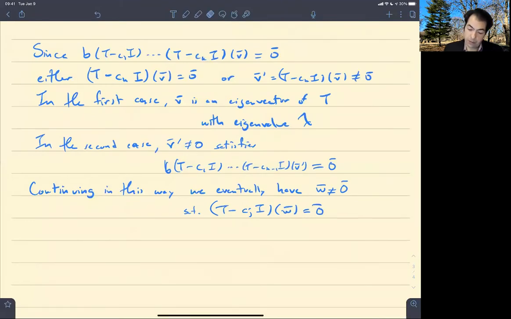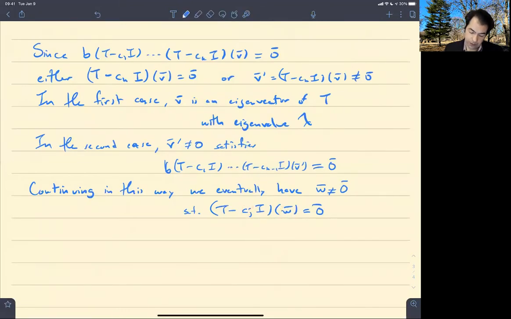Because you keep going in this way, I remove the T minus ck, and so now I end with T minus c(k-1). If I don't hit an eigenvector after k minus 1 steps, I'll eventually only be left with T minus c1 times the identity applied to a non-zero vector. And so I'll be in the situation where I now have an eigenvector and an eigenvalue.